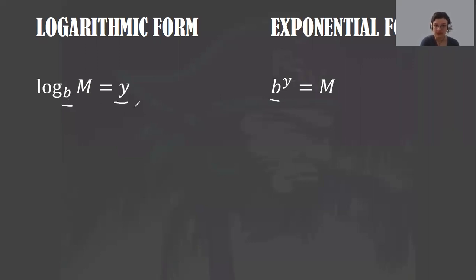That y goes here, and that m goes here. So let's say you have something like log base 8 of x equals 64. If we wanted to convert it, it would be 8 to the 64 equals x. That would be a very big number, but the point is we can convert between the two.